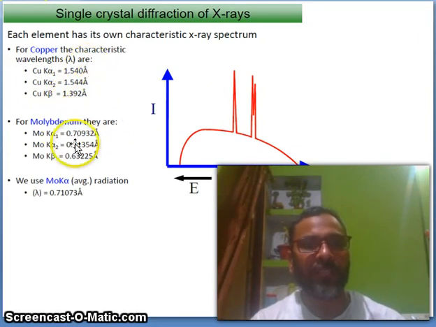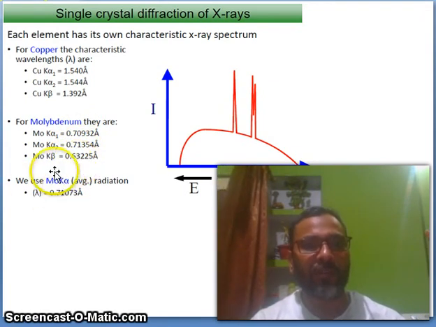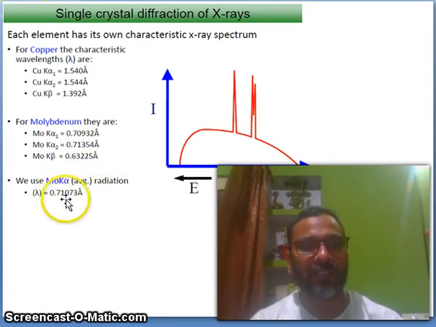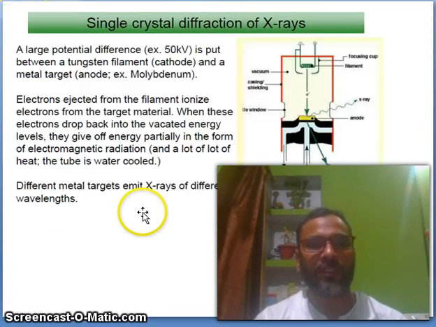For molybdenum, they are molybdenum K alpha 1, molybdenum K alpha 2, molybdenum K beta. You can see 0.70, 0.71, 0.63. We use the molybdenum K alpha average radiation, lambda is equal to 0.71073 angstrom. That one is important.